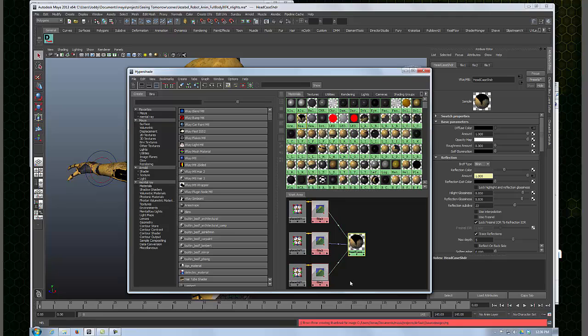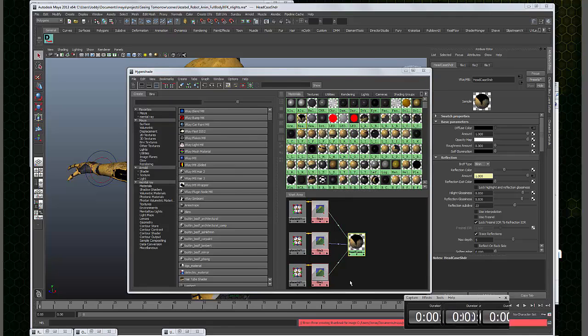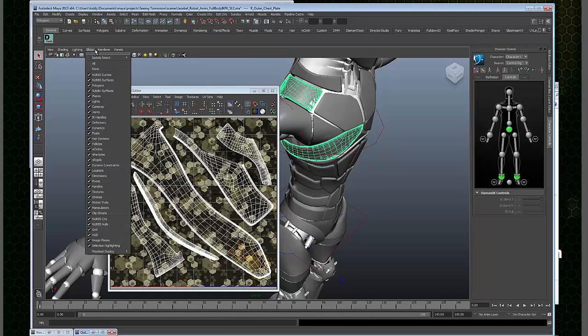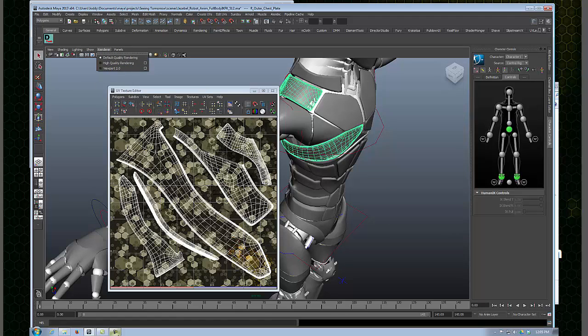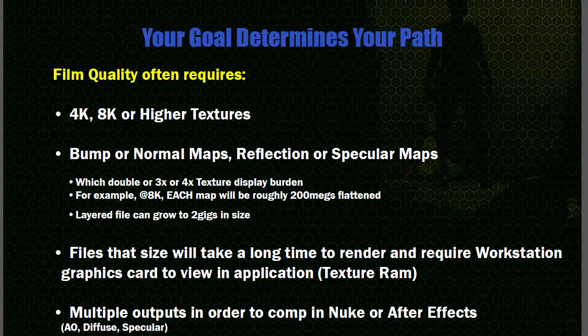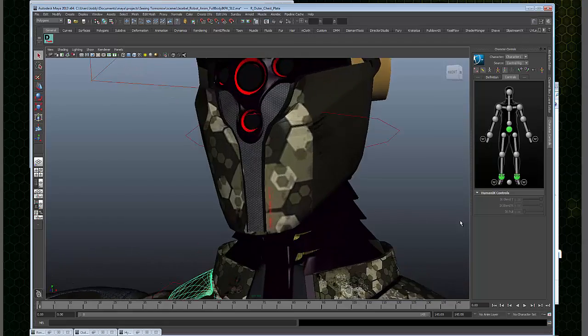So each map, okay, which if you look at his arm, shoulder shield, for instance, that shoulder shield contained a color map, a bump map or a normal map, a reflection map, and also a specular map. Those four maps each were 8K by 8K and actually lived as 200 megabyte images being piped through the renderer.